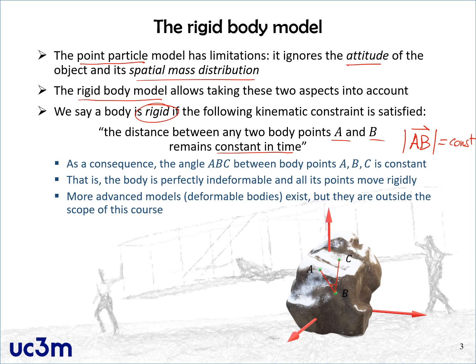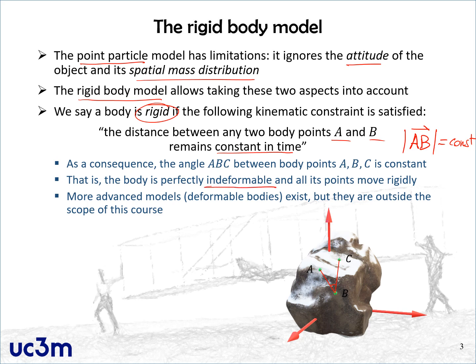Now this has many consequences. In particular, if you consider 3 points and the angle formed between the segments that join those points, for example AB and BC, those angles also remain constant, as a consequence of this constraint. In other words, if this is satisfied, the body cannot be deformed.